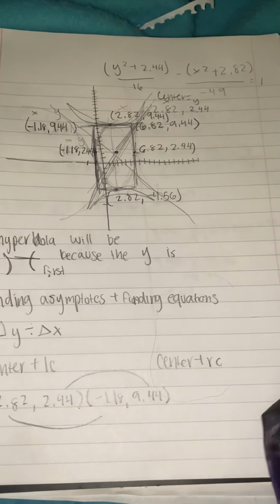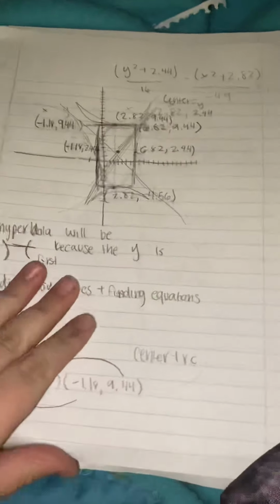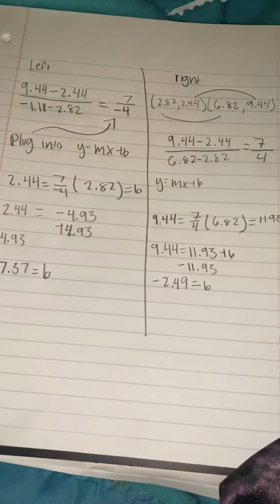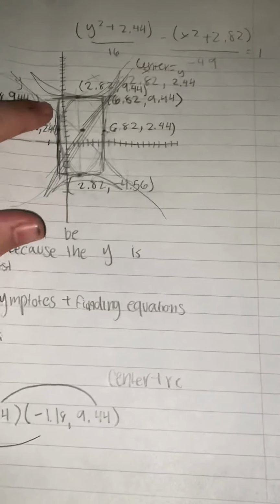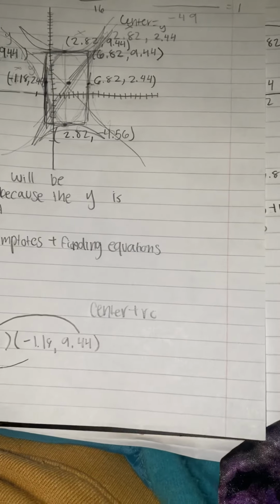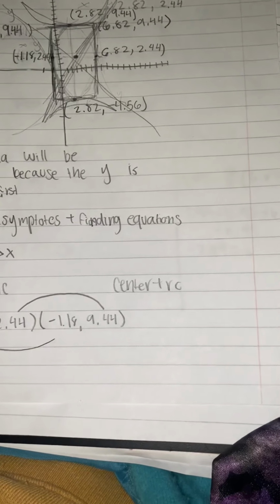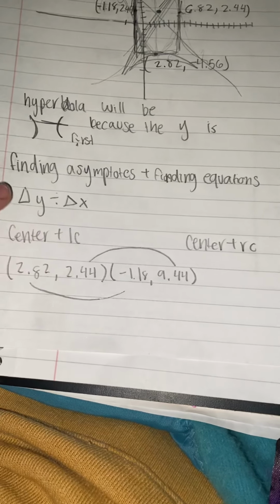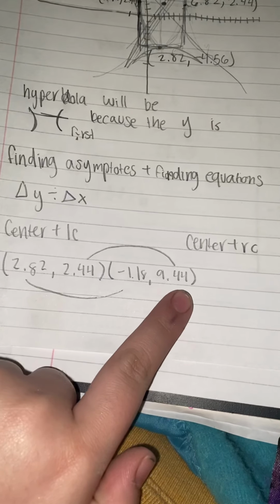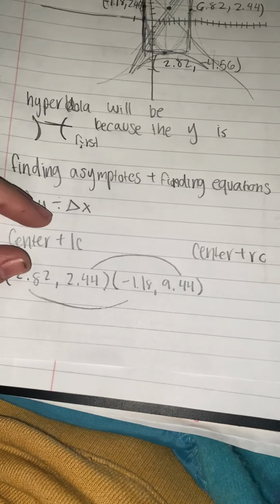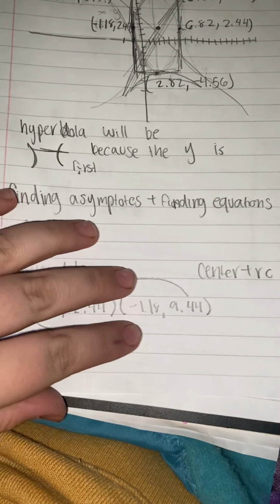And then to find the equations for this, what I did was this. So I started off with the left top corner, and I'm going to show you what I did for that. To find the asymptotes, it's the change in y divided by the change in x. So I wrote it out. I used my center point and I used my left corner point. I put my center point first and then my left corner point second.